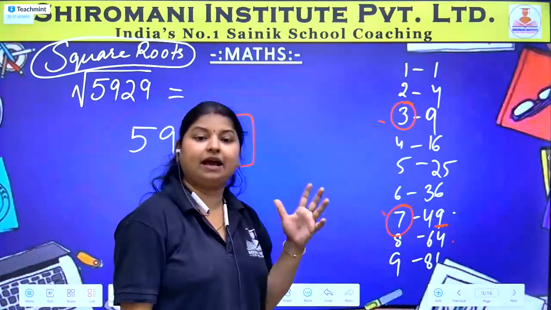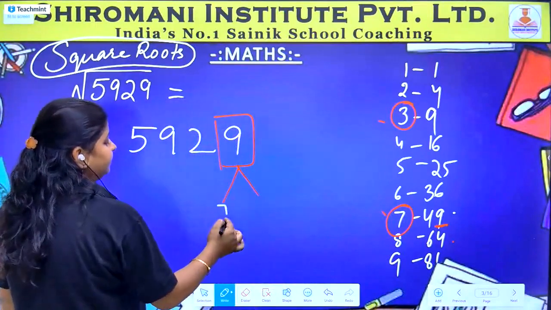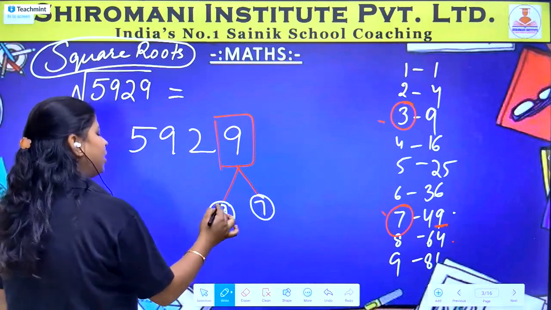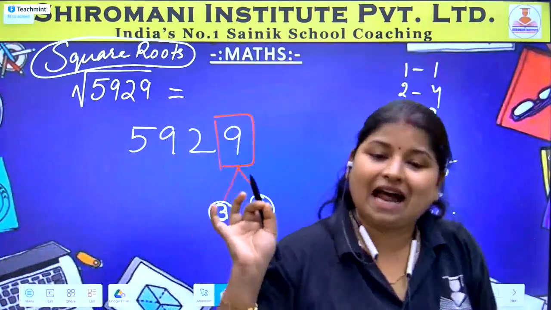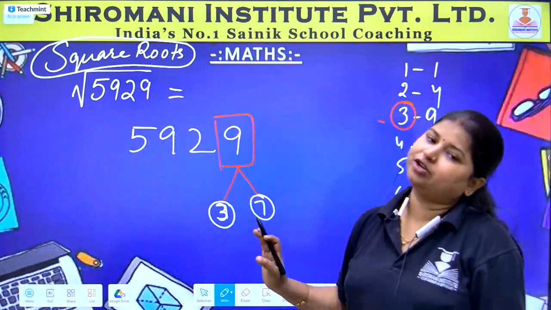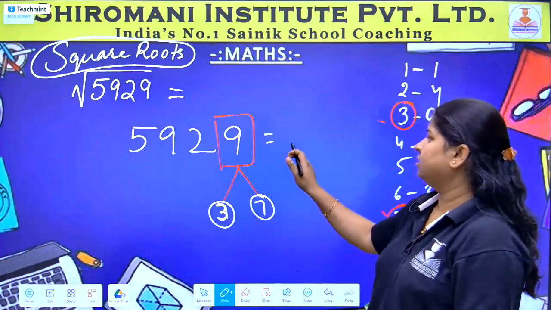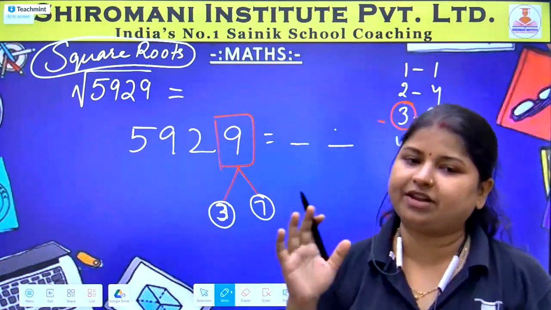So whatever the answer is, my last digit is always going to be either 3 or 7.